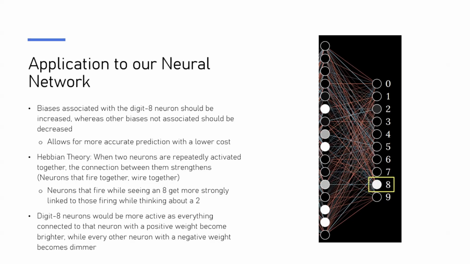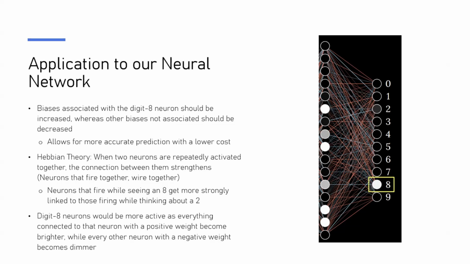Hebbian theory is a theory that was presented during the lecture, aka the videos by Three Blue One Brown. It essentially refers to when two neurons are repeatedly activated together and the connections between them strengthen. So, aka neurons that fire together, wire together.